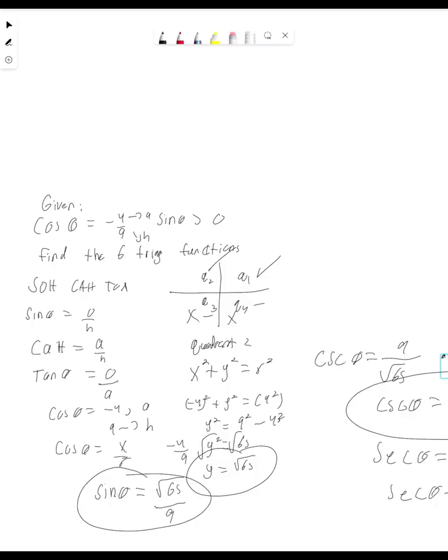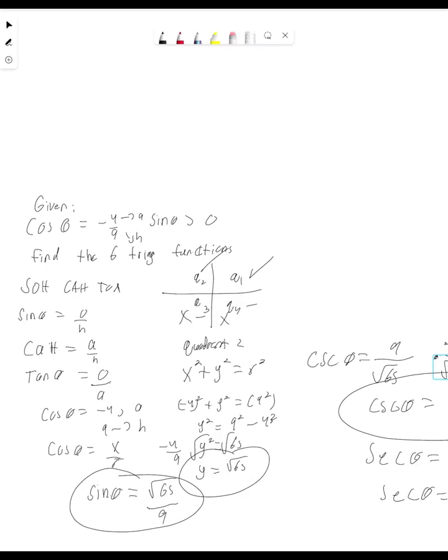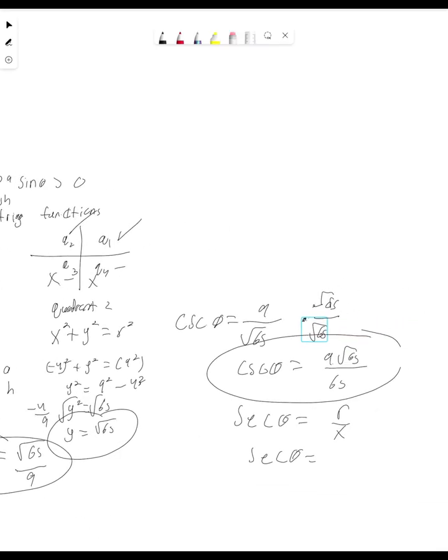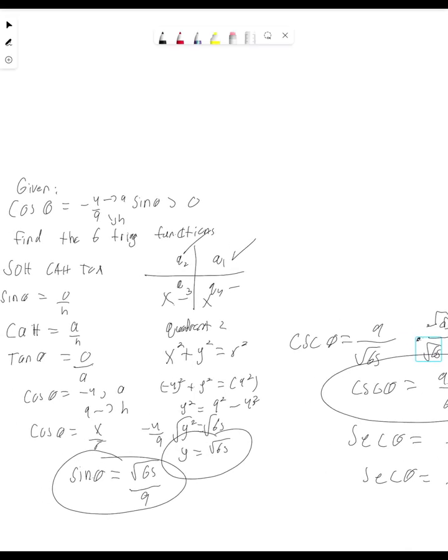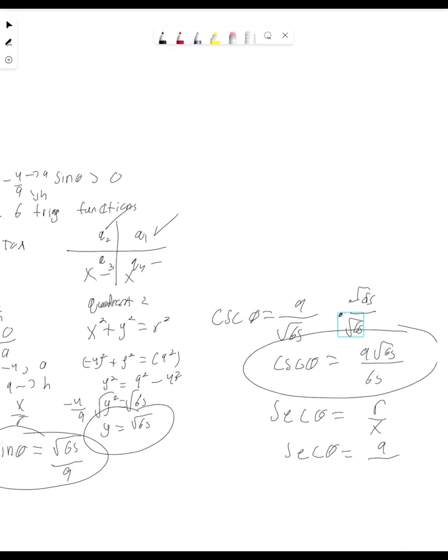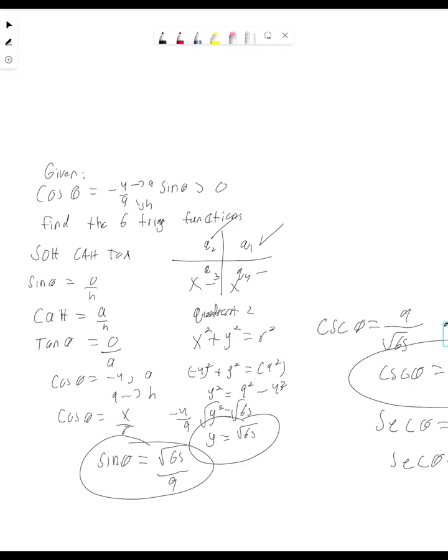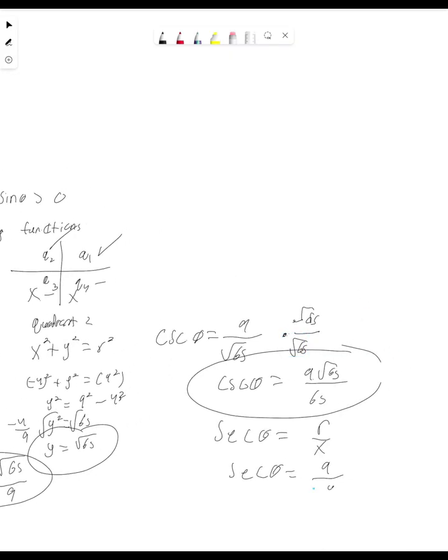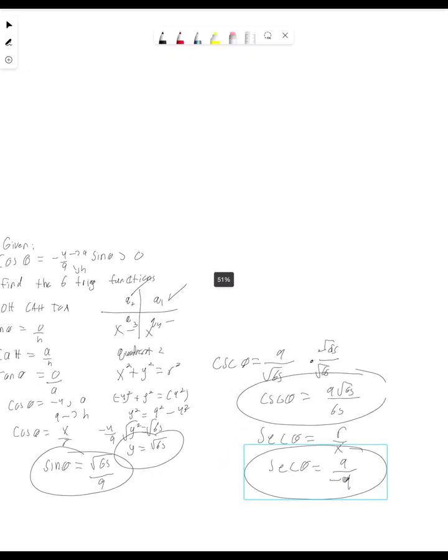Secant of theta equals r divided by x. So secant theta equals our r, which was 9. So it's 9 divided by -4. And if you look at it, cosine is -4 over 9, so secant is the reciprocal. So it's 9 divided by -4.